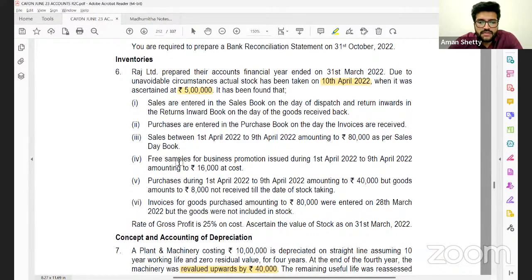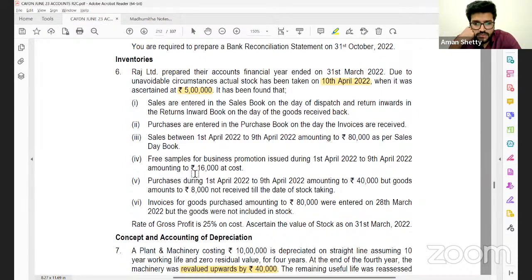Fourth one, free samples for business promotion issued during 1st April 2022 to 9th April 2022 amounting to rupees 16,000 at cost. Fifth one, purchases during 1st April 2022 to 9th April 2022 amounting to rupees 40,000, but goods amounting to rupees 8,000 are not received till the date of stock taking.